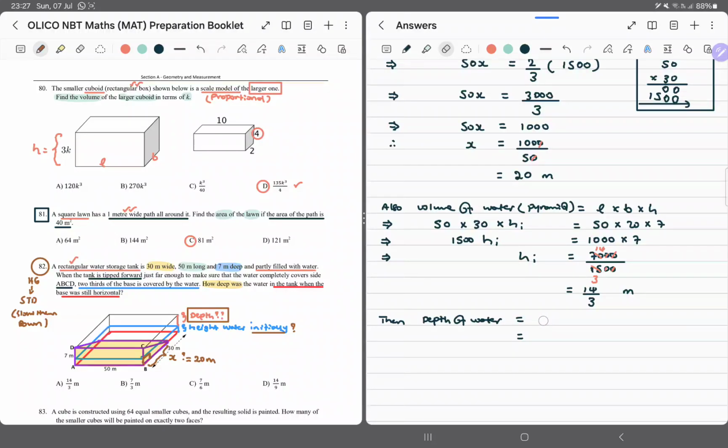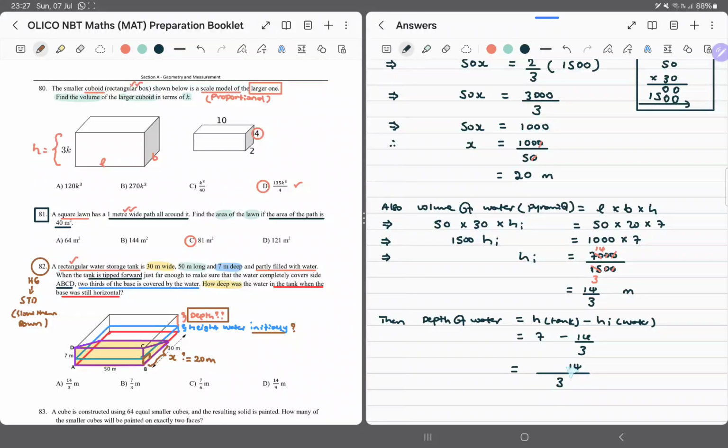Okay, maybe let me write it. Going to say height of tank minus initial height of water. So this is going to be 7 minus 14 over 3. And then here what we need to do is to find the common denominator, which is basically 3.